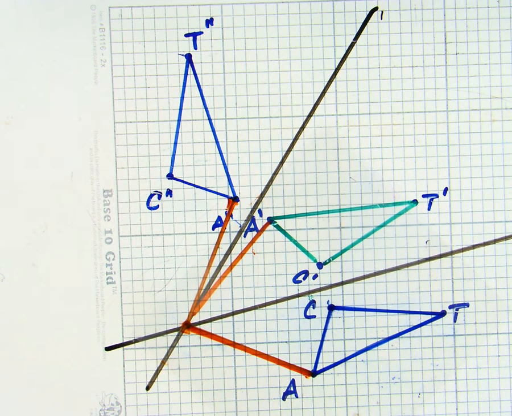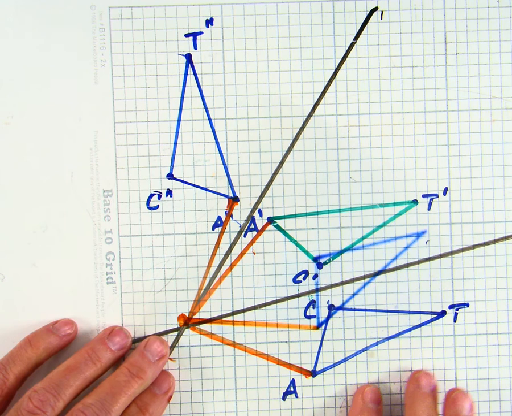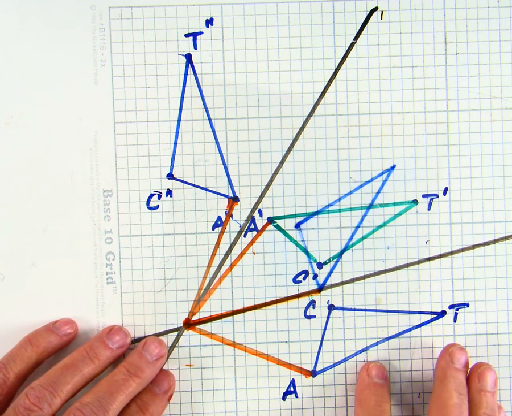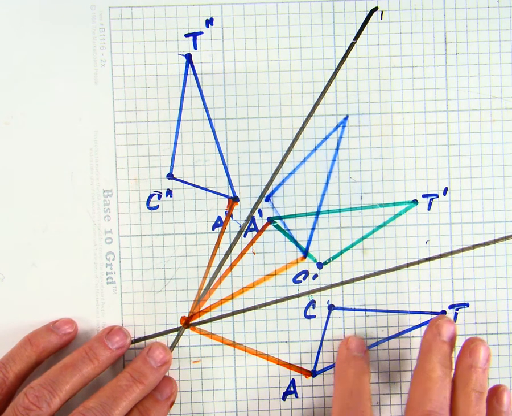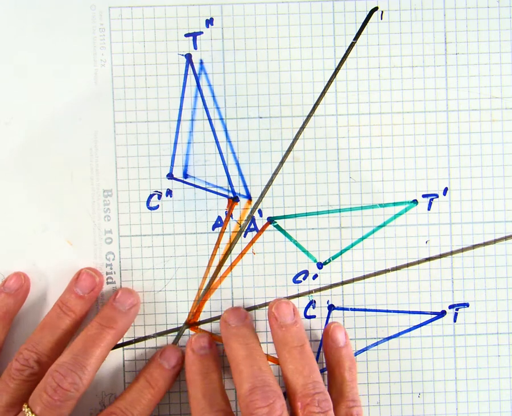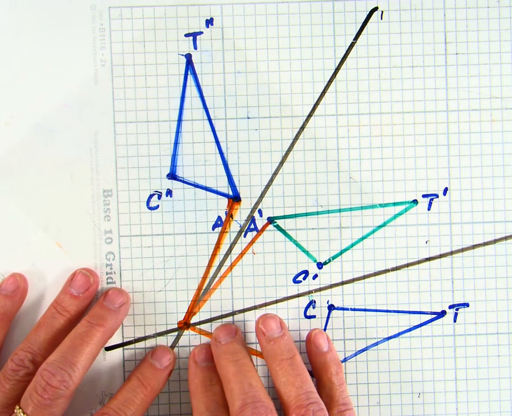Then I'll rotate it. And notice when I rotate to cat prime, that doesn't work. I'll rotate here to cat double prime and see how, oh hey, I did pretty good.